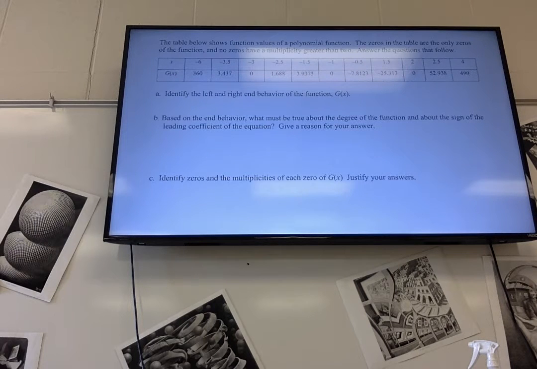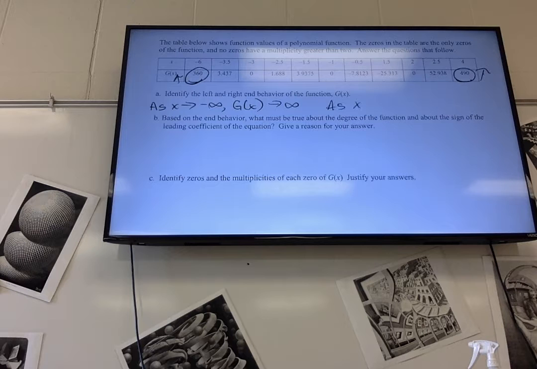Identify the left and right end behavior of the function. So what's going on the left and the right? Let's look at the left. It's going up. What about on the right? It's going up. So as x approaches negative infinity, g of x approaches infinity.